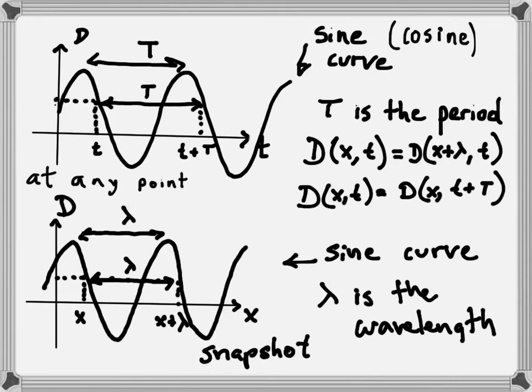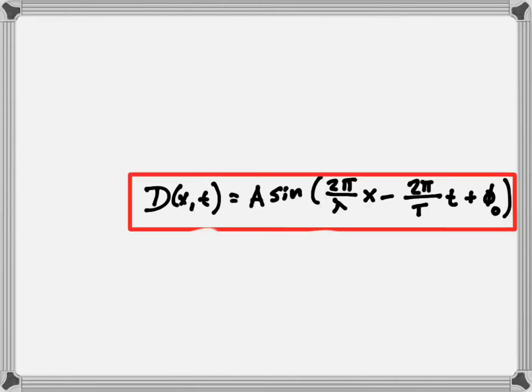So the displacement of any point x at time t is equal to the displacement of that point x at a time t plus the period of the wave. So we say that the wave is also periodic in time, that it repeats itself after capital T seconds, where T is the period.